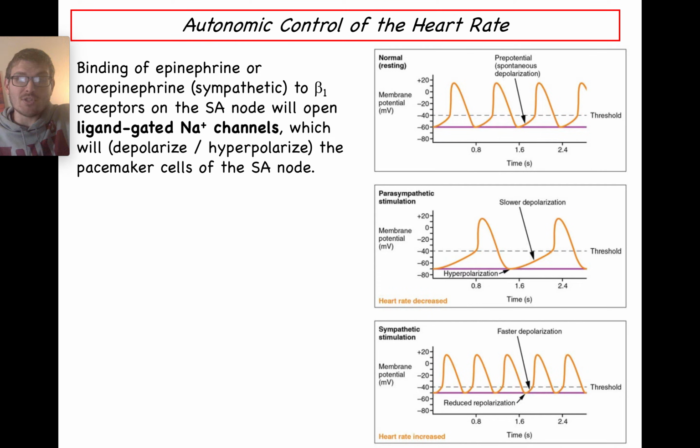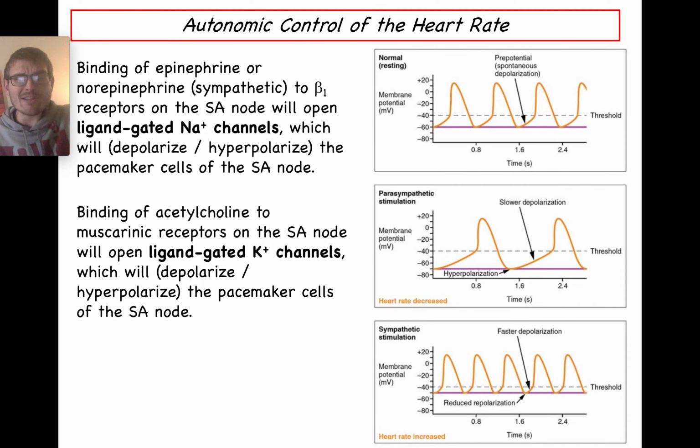If you look at the bottommost figure, because we have an extra influx of sodium other than just the funny sodium channels, this is going to get us to threshold much more quickly. Because we get to threshold more quickly, pacemaker potentials start happening more frequently. So we produce more frequent waves of depolarization, meaning that the heart is going to start beating faster, because for every one of those pacemaker potentials, the heart should beat once. As the pacemaker potentials become more frequent, the heart will start beating faster and faster and faster.